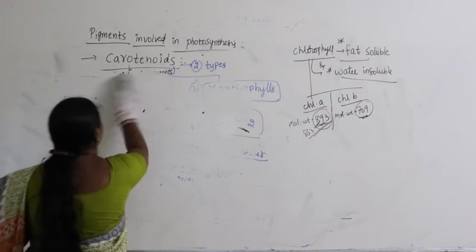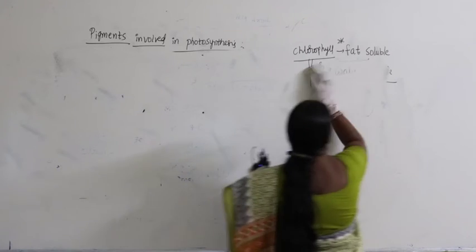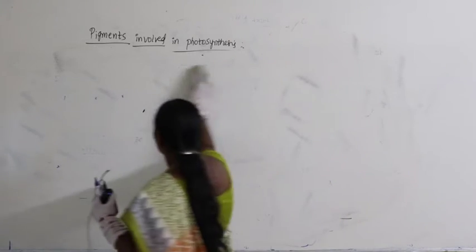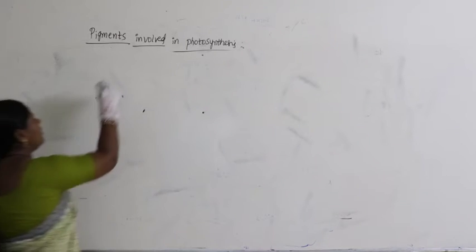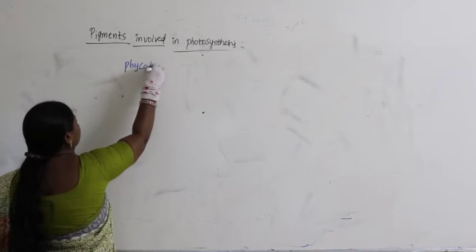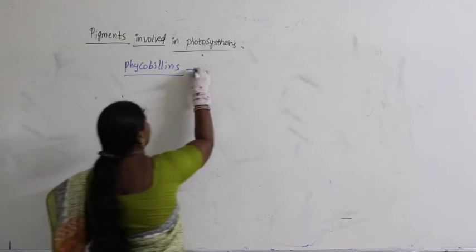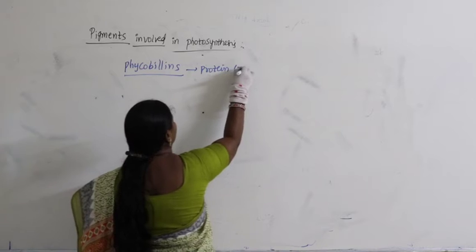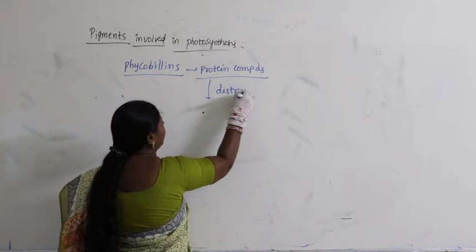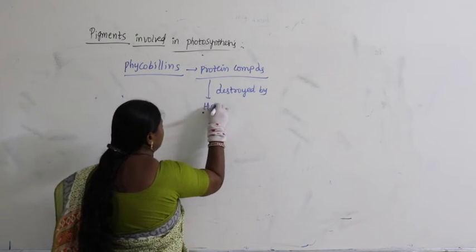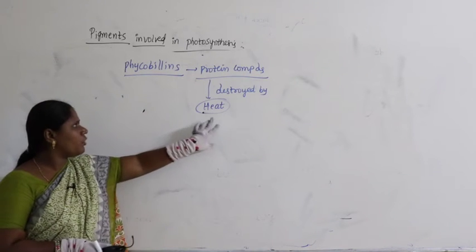So after carotenoids, let us discuss the other pigment, phycobilins. Phycobilins are proteinaceous compounds, and as they are protein in nature, they easily get destroyed by heat.